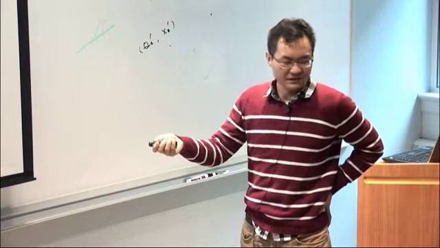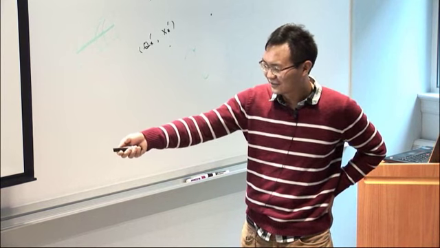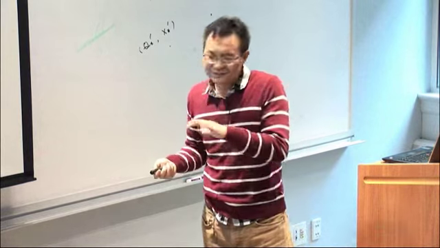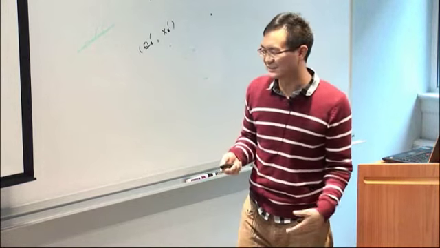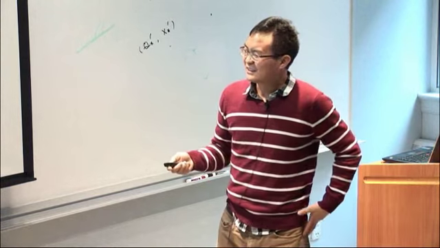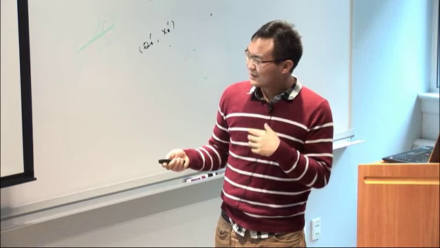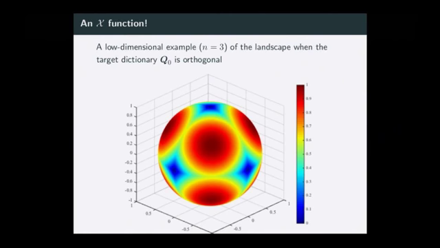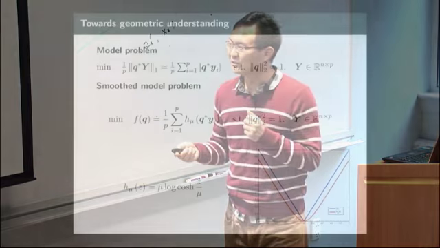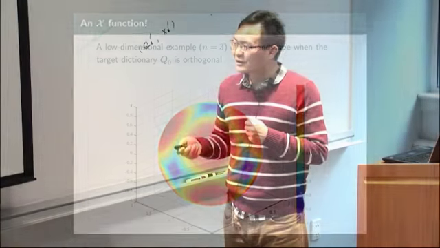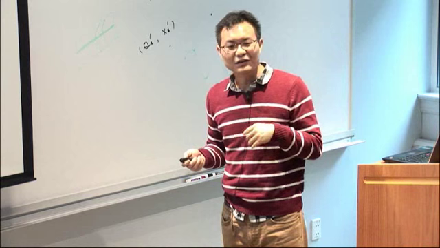It's infinitely differentiable. And actually, it's also convex, but that's not quite essential here. The point is that we can now take derivatives. The reason we are so curious about taking derivatives is this. Before we do any analysis, let's try to look at what this function looks like in low dimension.